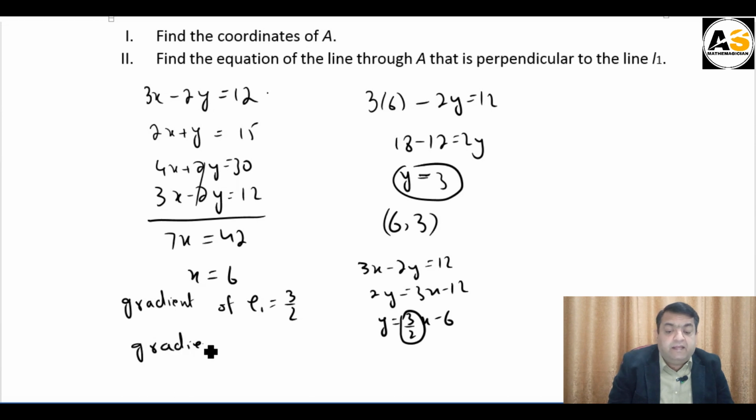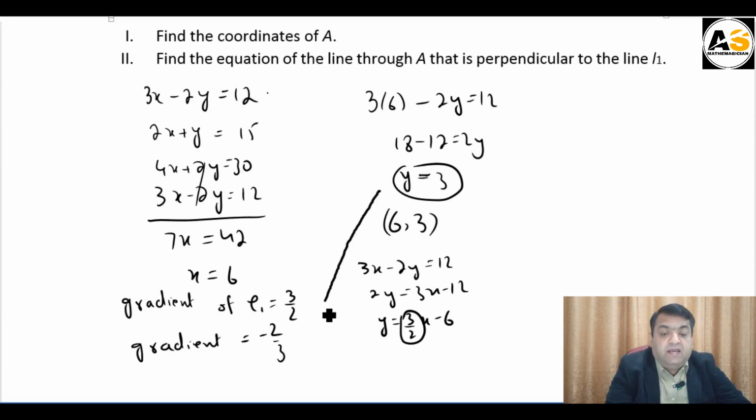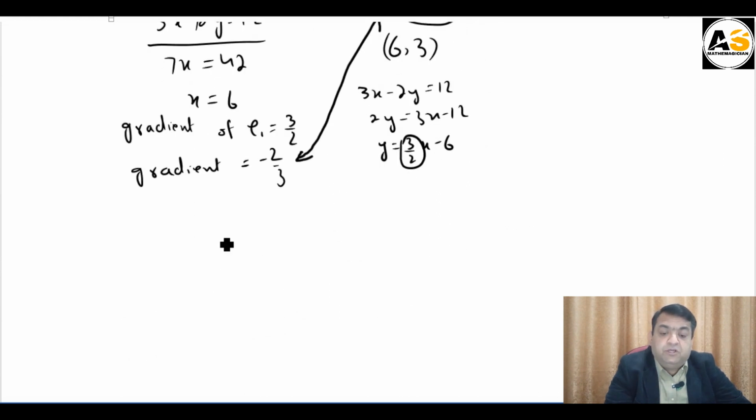Gradient of the required line m is equal to minus 2 by 3, because that line is perpendicular to L1 and it passes through this point. So we will use gradient point form to find its equation.